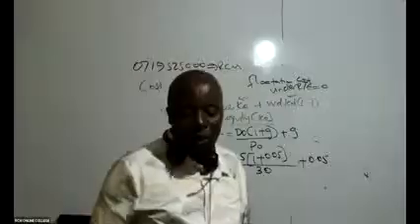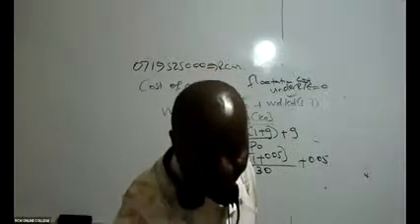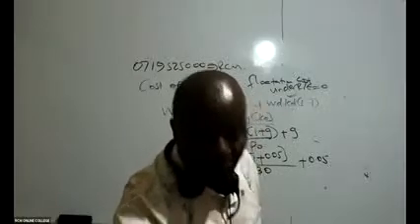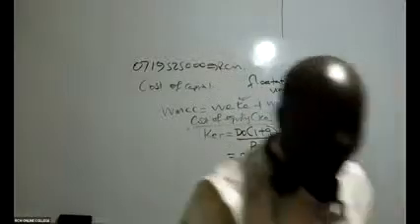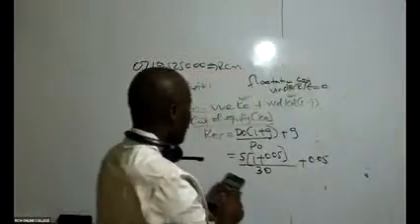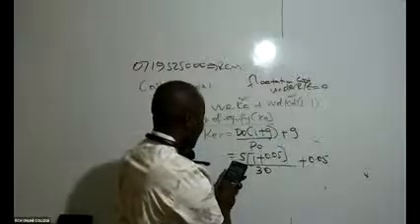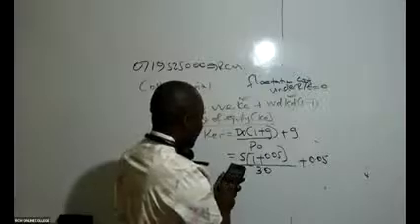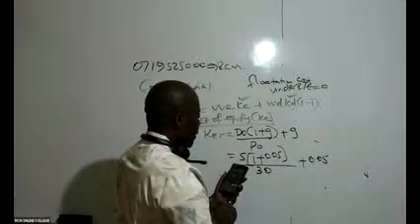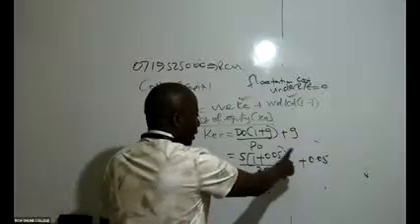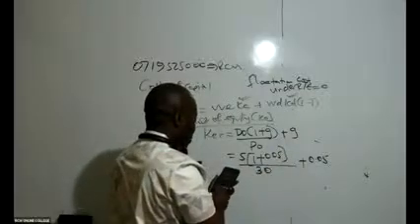So let us all get our calculators. We are saying 5 times, in brackets, 1 plus 0.05, close, divided by 30, equals. Whatever I get, I add the growth rate, G, plus 0.05.